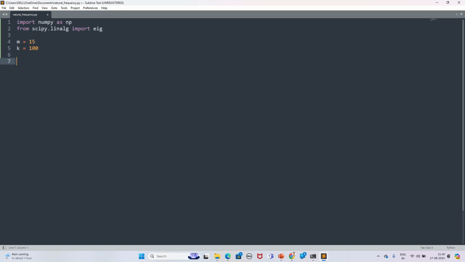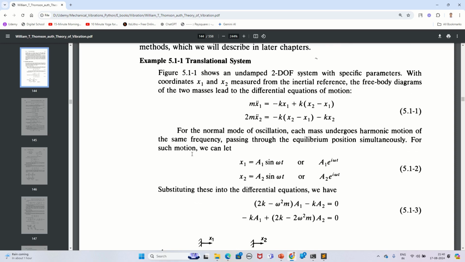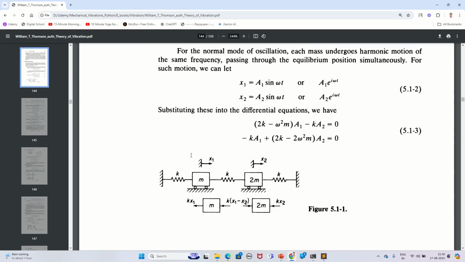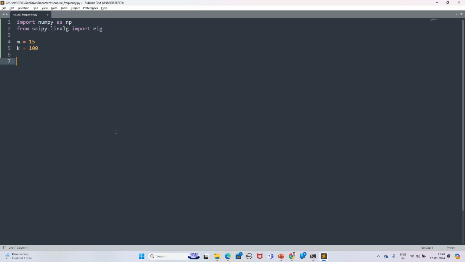Now I have to define the matrices. I am not going into the equation part, so I will directly define the matrix for this. If you study some vibration theory and how to get these matrices, you can refer to some books. First the mass matrix, m, using np.array, the array function from NumPy.